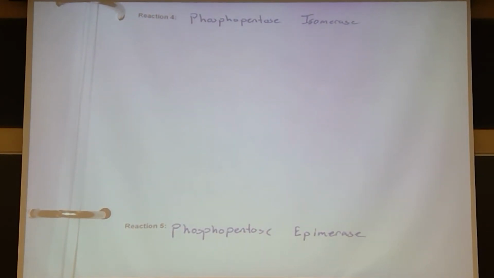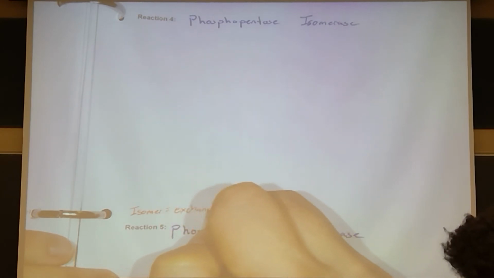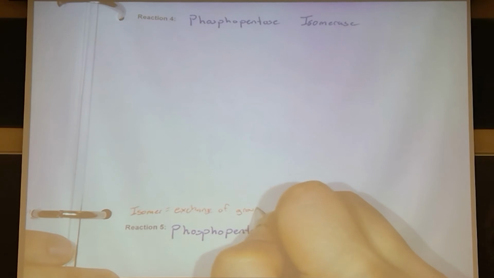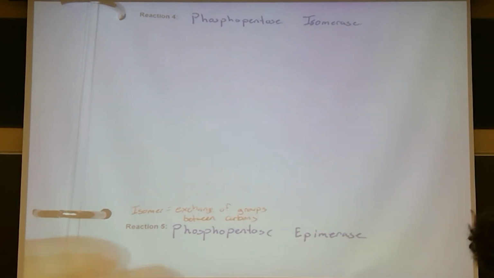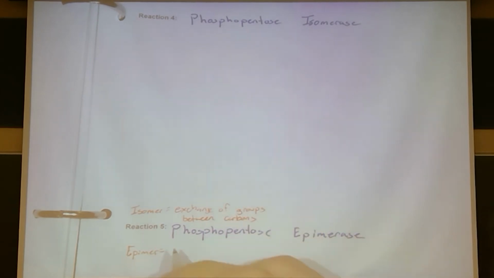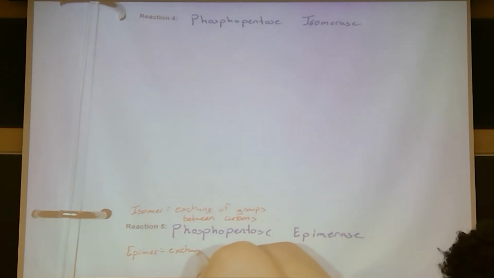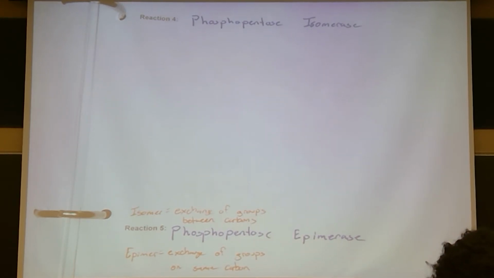So knowing the difference between an epimer and an isomer: an isomer is an exchange of groups between carbons. An epimer is an exchange of groups on the same carbon. Think about it as an exchange of positions on the same carbon.